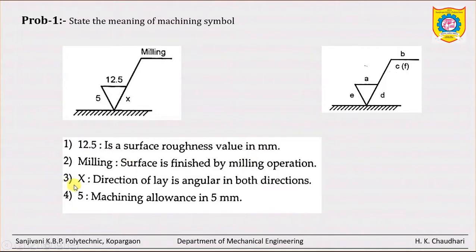Then write X, which is the direction of lay, and it is angular in both directions. X is just like this cross, so it is angular in both directions. Then 5 is the machining allowance in mm, 5 mm.